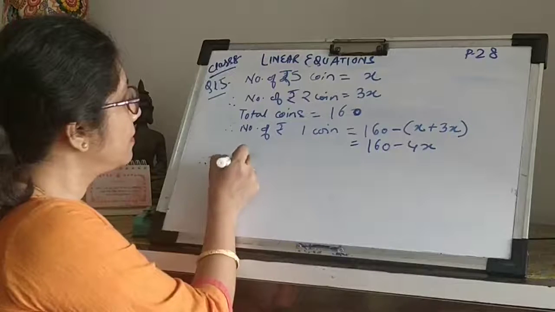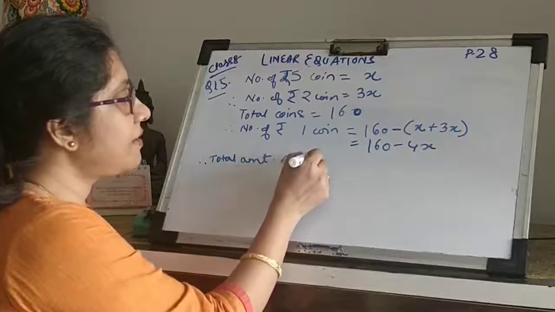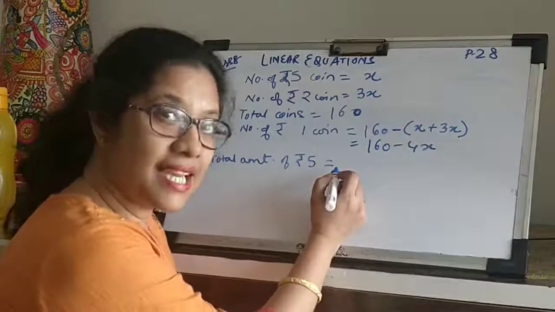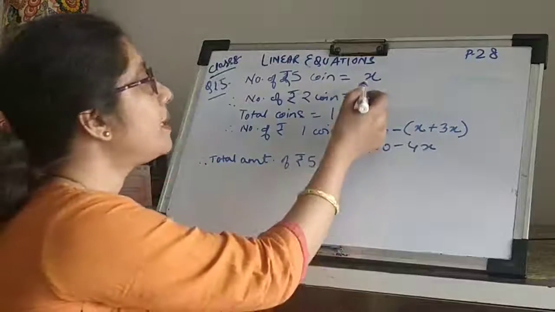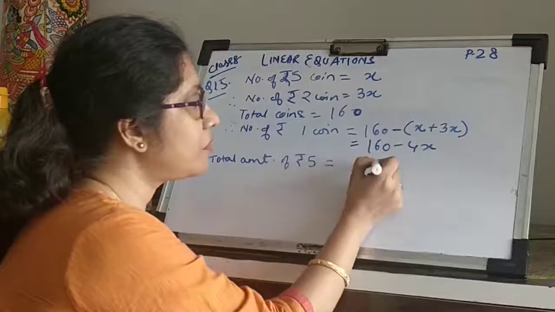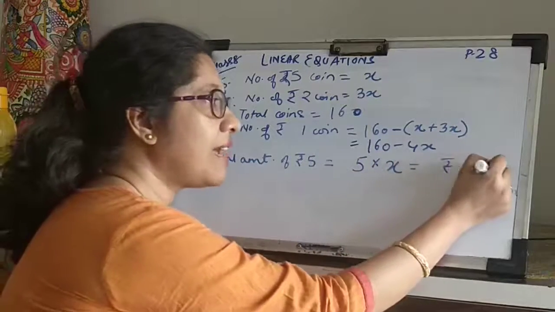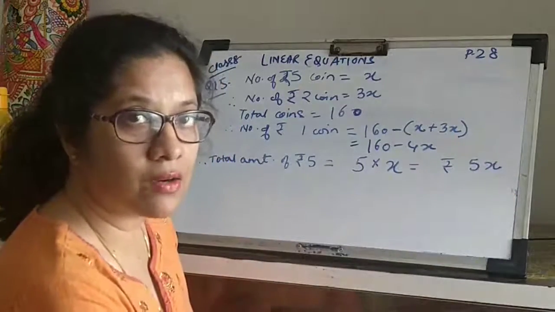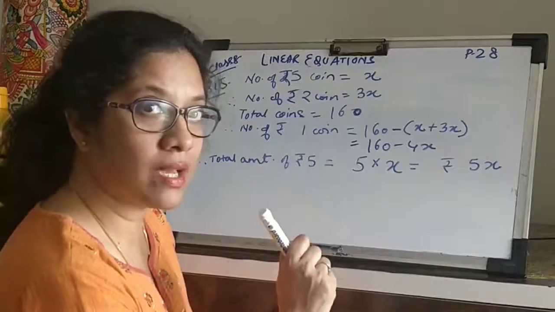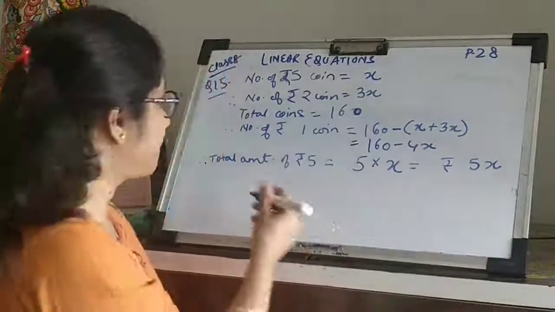the total amount of rupees 5 coins will be the number of 5 rupee coins times rupees 5. How many 5 rupee coins do I have? x. So 5 into x is rupees 5x. That is, if you count the x 5 rupee coins, the total amount you will get is rupees 5x.